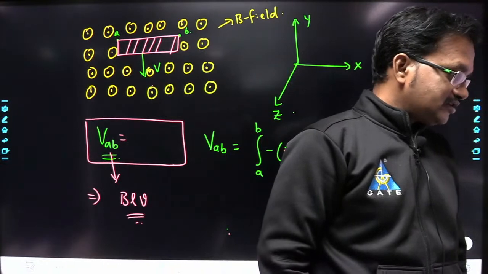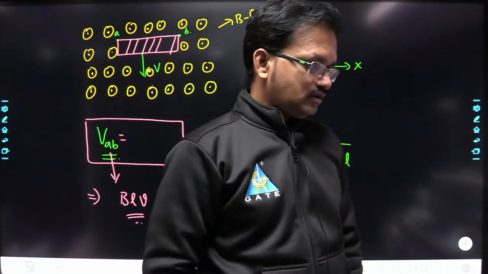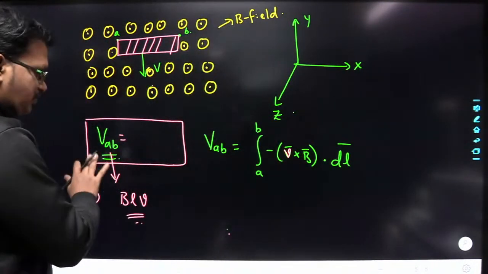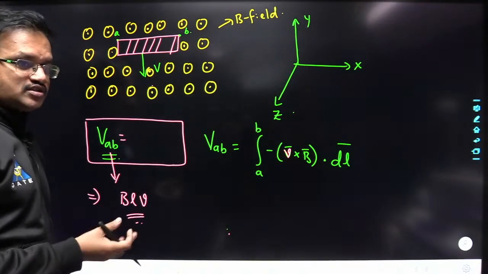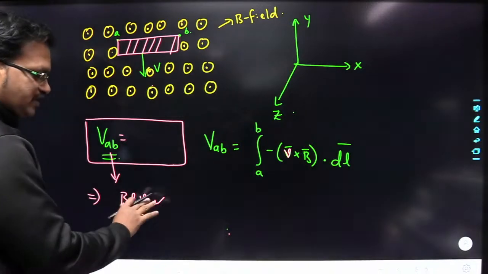What is negative x direction here? What I am asking is this potential difference VAB. Is VAB positive or negative? That's what I am asking. Rahul Thakur told BLV, so it is positive, he is saying.